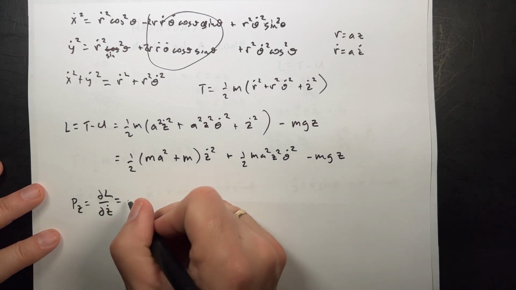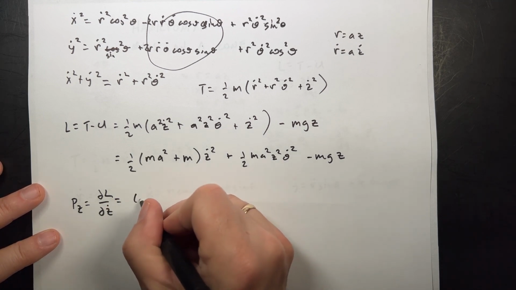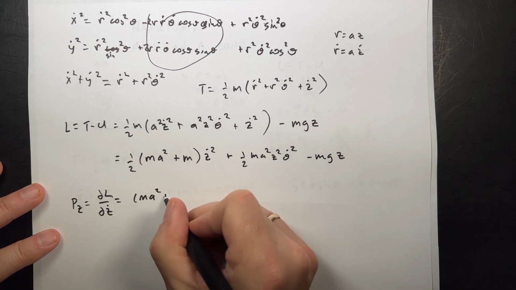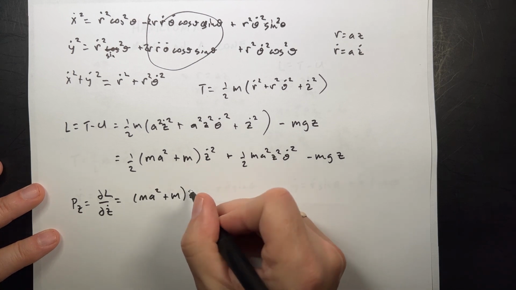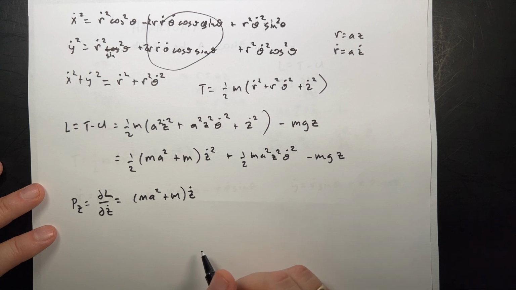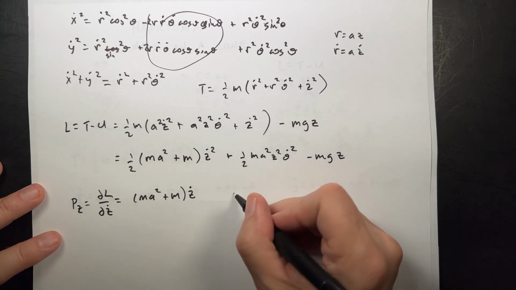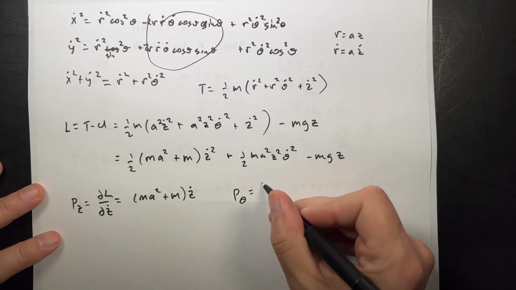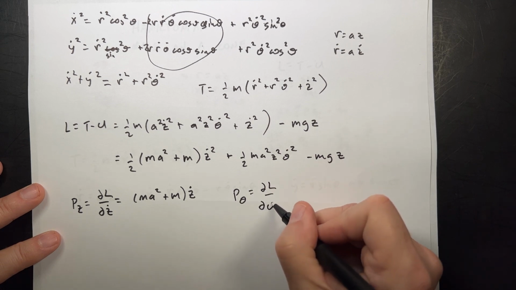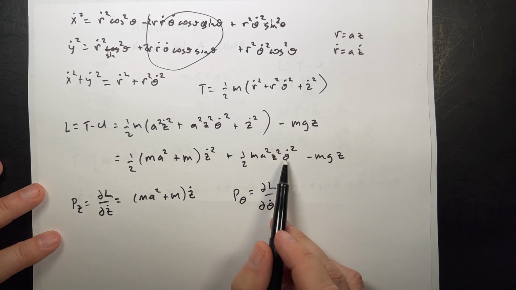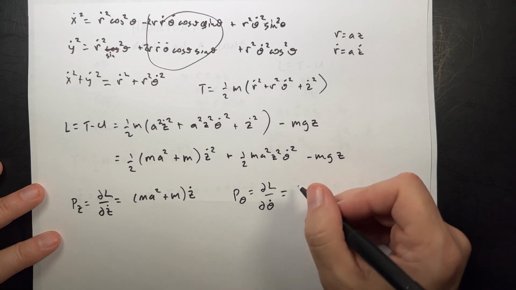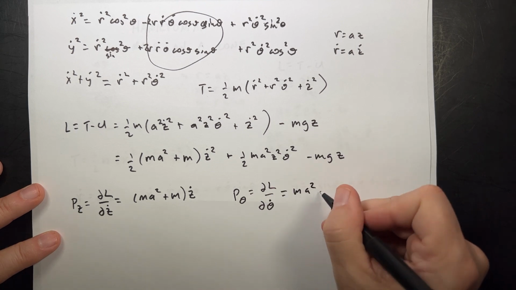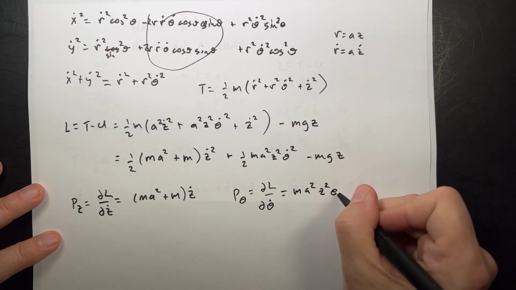So I bring the 2 down and I get m times a squared plus 1, times z dot. And I can do the same thing. p theta is the partial of L with respect to theta dot. And there's only one theta dot term right here. So I bring down the 2. I get m a squared z squared theta dot.